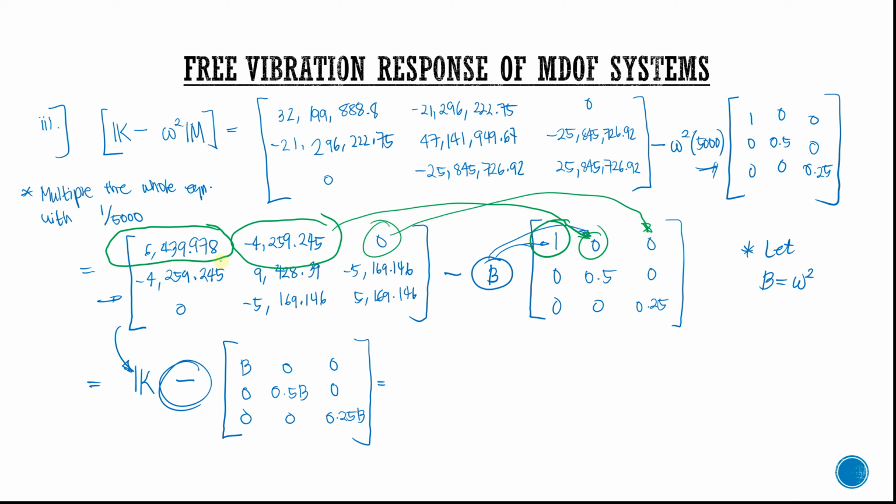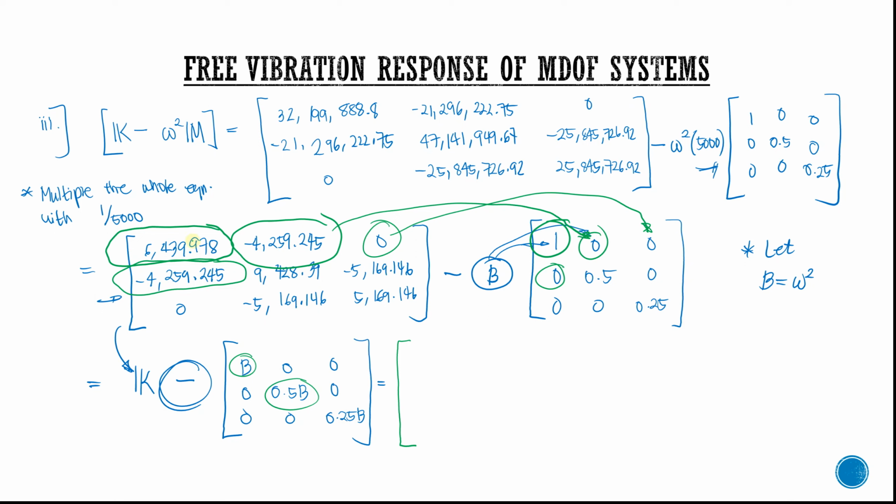And then for the middle row, also for the middle row of the mass matrix, and so on and so forth. I mean here, we'll have our matrix. Now this is a much more simplified version of the stiffness matrix minus omega squared times the mass matrix.